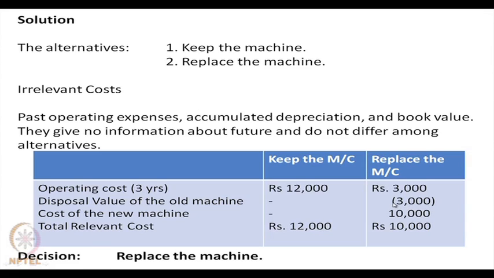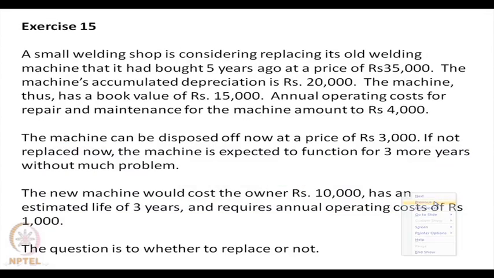So, this is to be subtracted from here. So, 10 plus 3, 13 minus 3. So, the total relevant cost if we replace the machine is really 10,000, whereas if we keep the machine it is 12,000. So, the decision is to replace the machine.